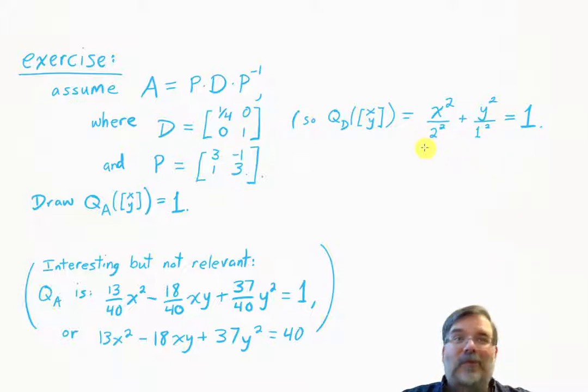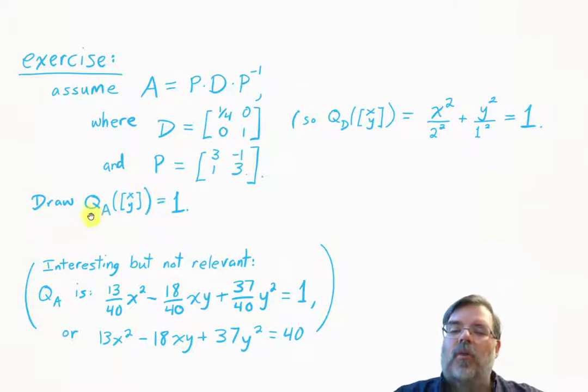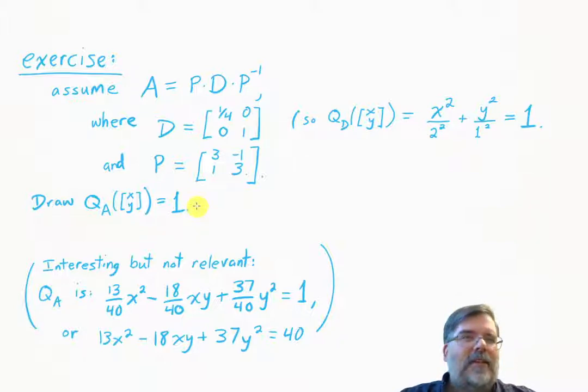No square roots. What I'd like you to do is try to draw the quadratic form QA. Now, notice in this case, I haven't even given you the formula for the original quadratic form. You can draw this just based on this knowledge.